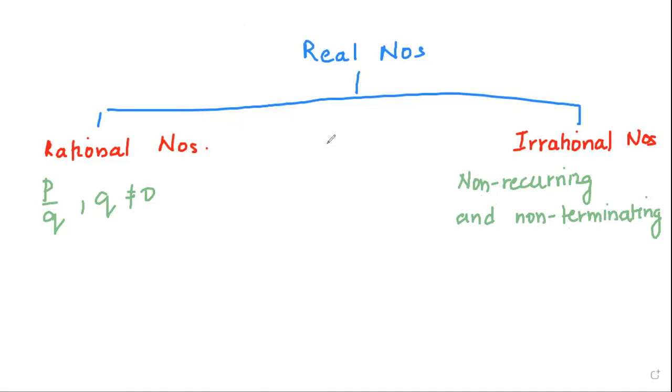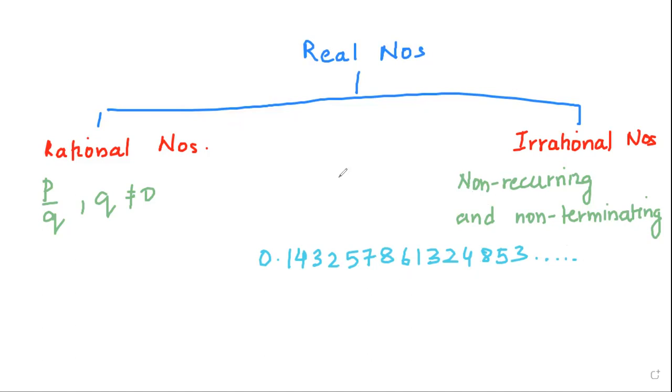I can take any random example, which means the number could be something like 1, 4, 3, 2, 5, 7, 8, 6, 1, 3, 2, 4, 8, 5, 3, and I can keep extending this. If you notice, there is no repetition, no pattern which you can see here. It's just a string of random numbers together, and they don't end. These are what are called irrational numbers.